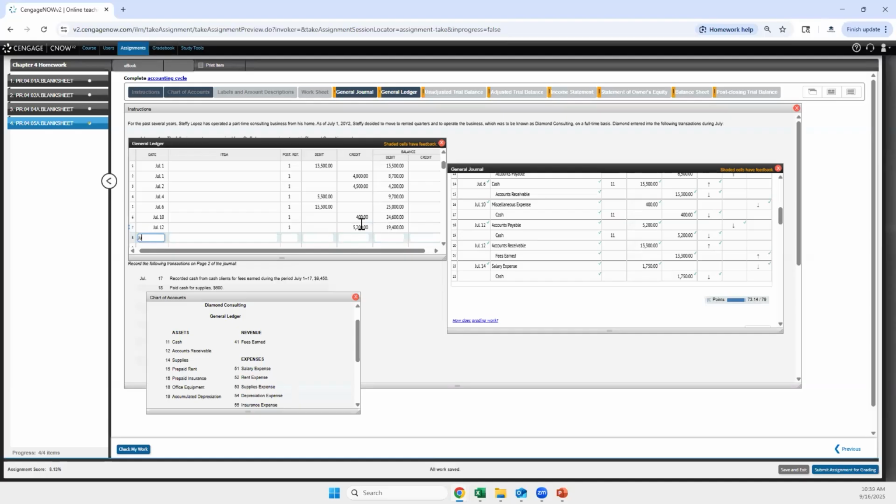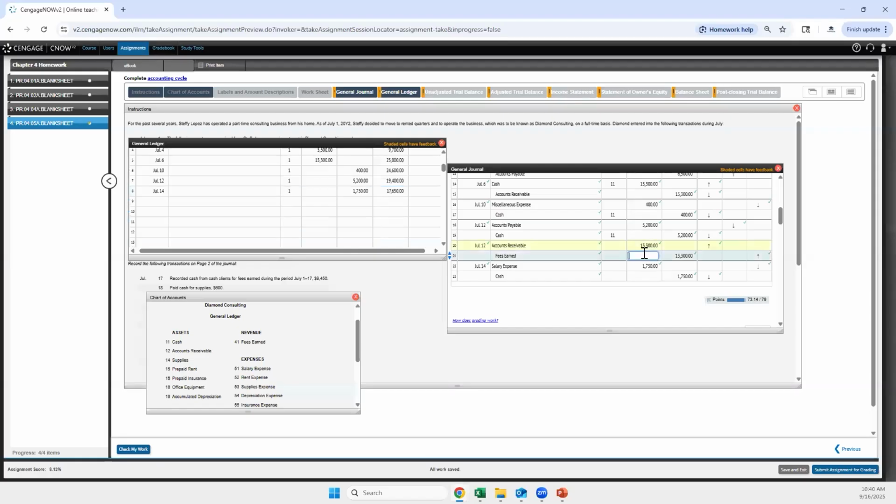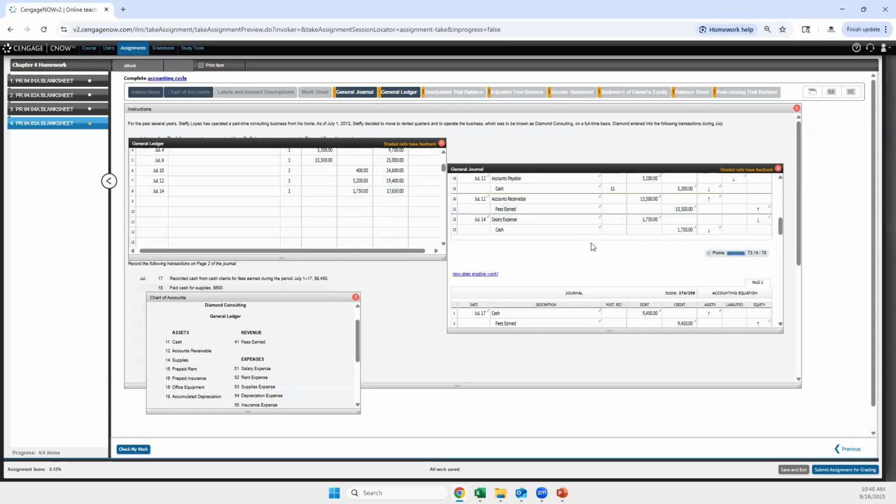And then July 14th, we paid our salaries. That was 1,750. Making our running balance 17,650. And that's all for the first page of the general journal.